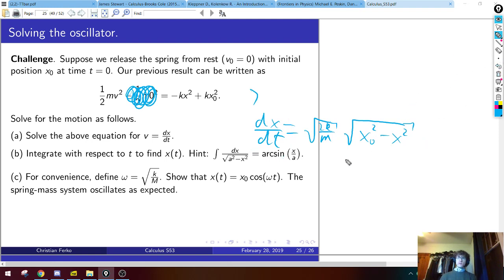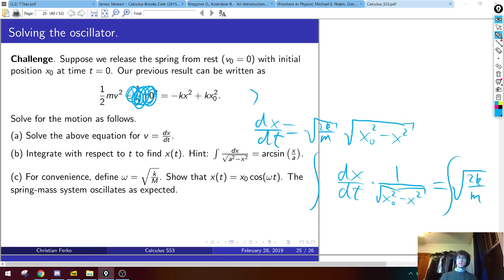So I'm going to rewrite this as dx dt times 1 over square root x0 squared minus x squared equals root 2k over m. And now I want to integrate both sides with respect to time. So integrate both sides dt.